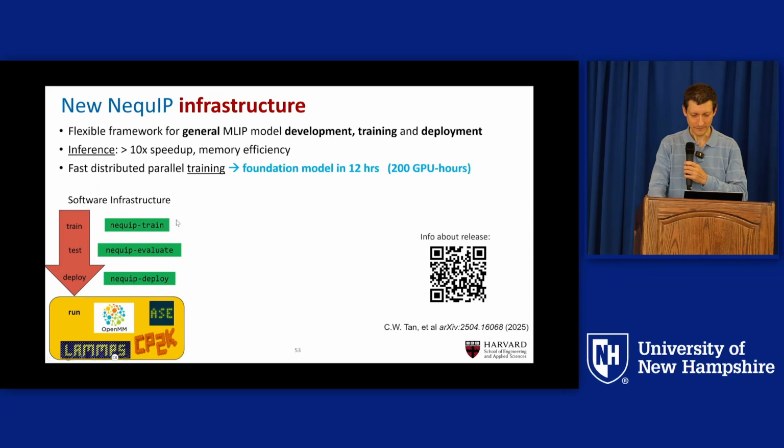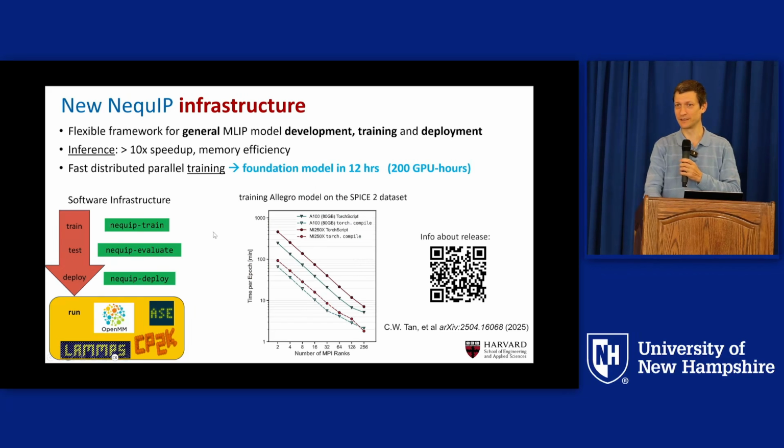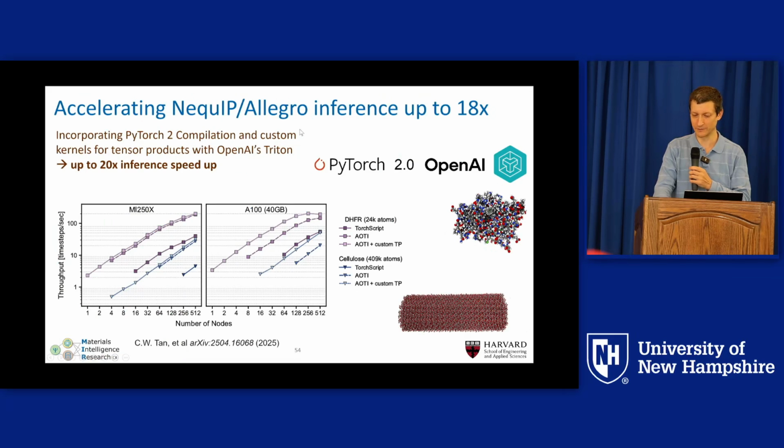Okay, so if you're interested in this, we just came out with a much faster way of training these models, so you can get one of these foundation models in a day, essentially. If you are in this business and want to try out some of these new NeQuip infrastructure capabilities, there are also inference speedups that were achieved by incorporating some of these tools from the computer science community and from the industry.